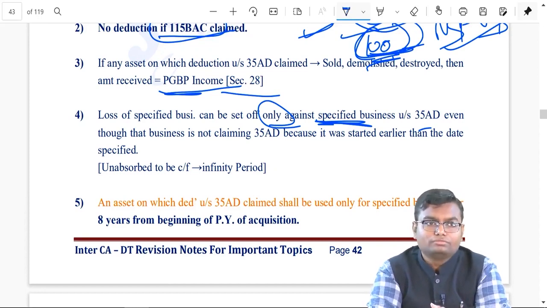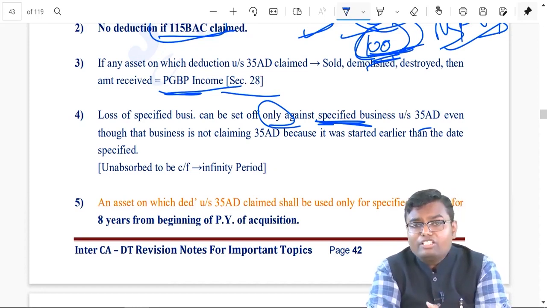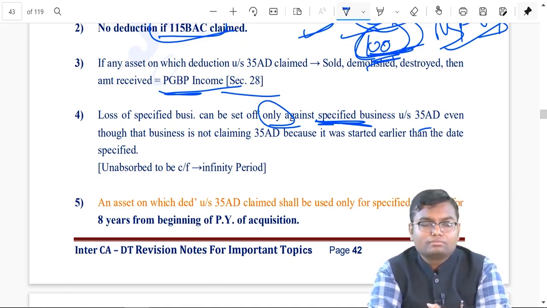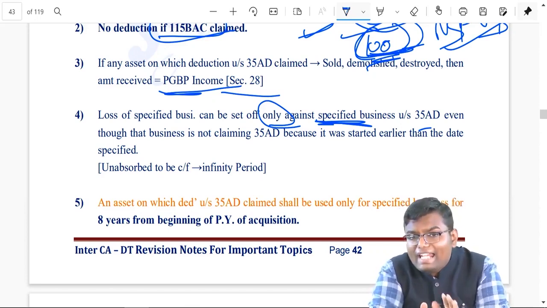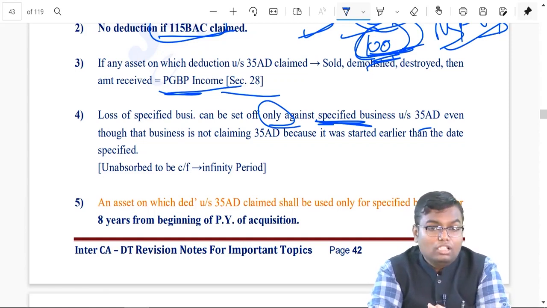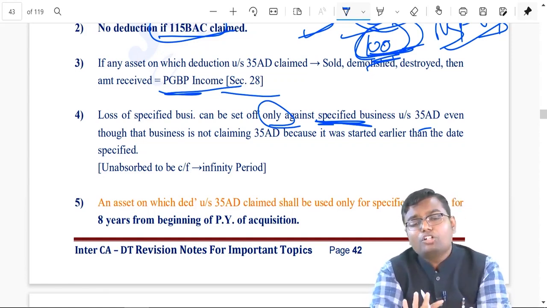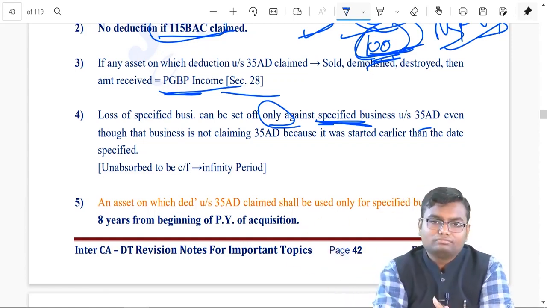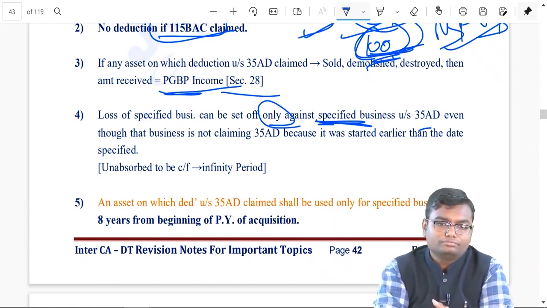One more point. The asset which you have purchased for your specified business, on which you have claimed deduction of section 35AD, remember, you have to use it compulsorily for specified business. If before 8 years of the purchase, you are transferring the same to your another non-specified business, you are doing a violation.